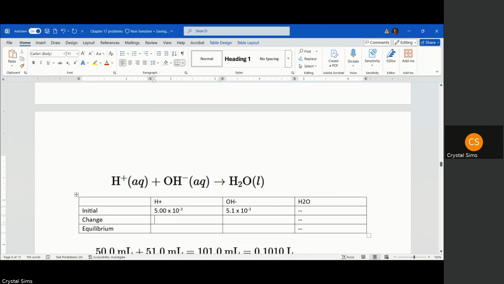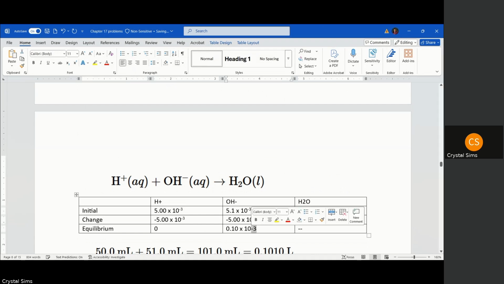So to determine our limiting reactant, we're going to subtract out the amount of hydrogen ions this time. And that's going to leave us with 0 leftover hydrogen ions and 0.10 times 10 to the negative 3 hydroxide ions.